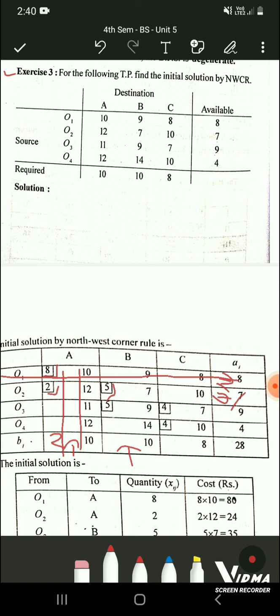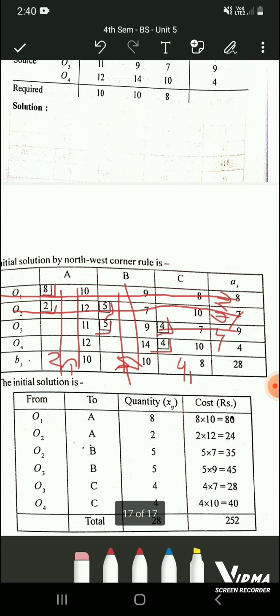So it is 5. This is completely vanished. Here 5 is remaining, and here you have to make allocation for the minimum value, which is 5. Therefore this is vanished. Here 4 is remaining. So make the allocation between 8 and 4. So you are making allocation as 4. This one was vanished. Therefore you are remaining with 4. The last allocation is 4.